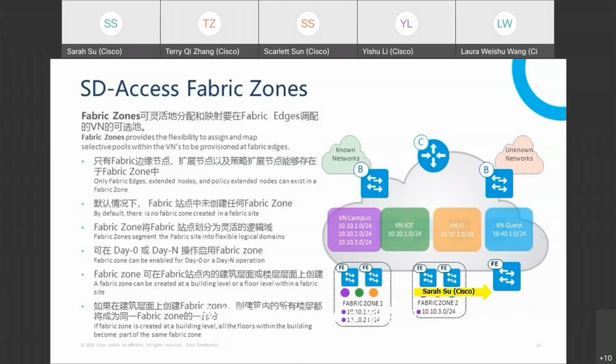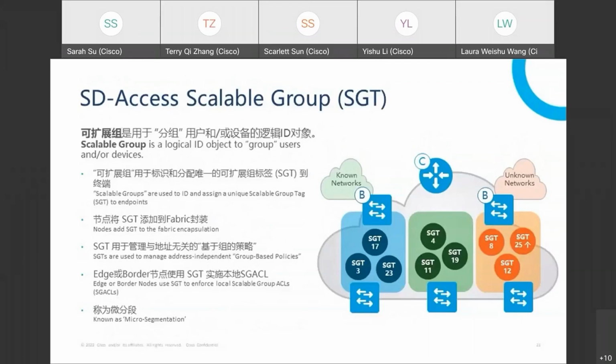We can create multiple VNs according to our actual needs, and each VN is completely isolated from the others, but within the same VN, all terminals can normally communicate by default. When a Fabric node encapsulates traffic, it tags it with a VN ID to identify the VN, and then forwards the traffic. Next, let's introduce the Fabric Zone, which is also a new feature added in version 2.2.3.